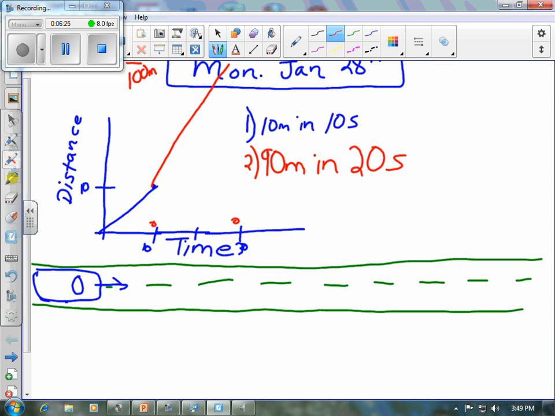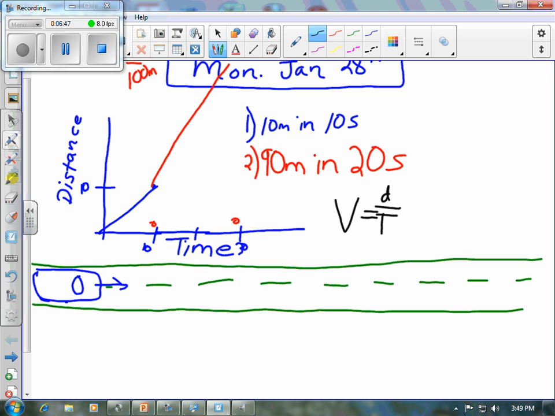So what you do, velocity, new color. So write this equation down, okay? The velocity equals the distance traveled divided by the time the distance was traveled in.